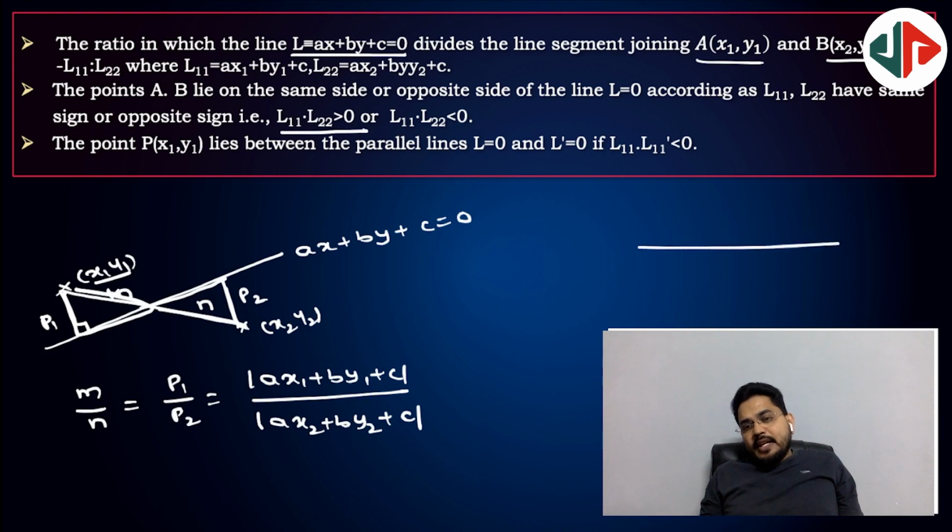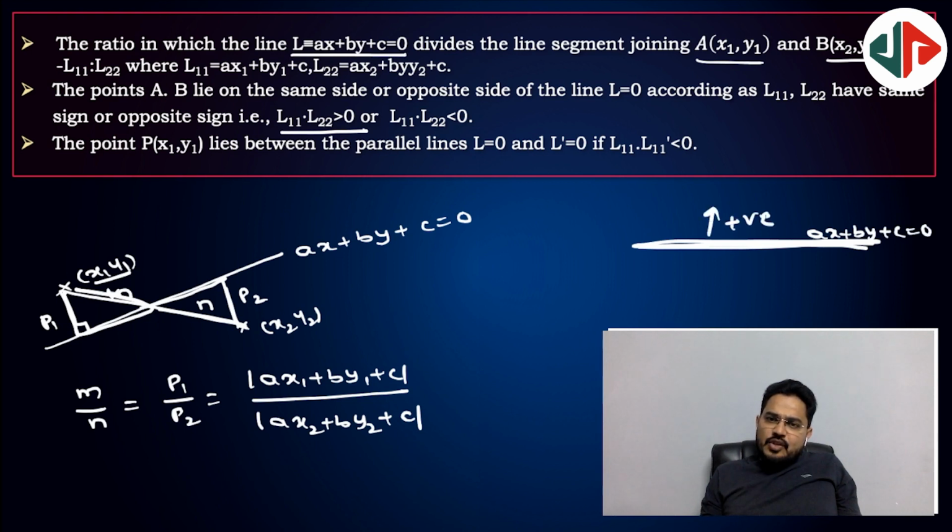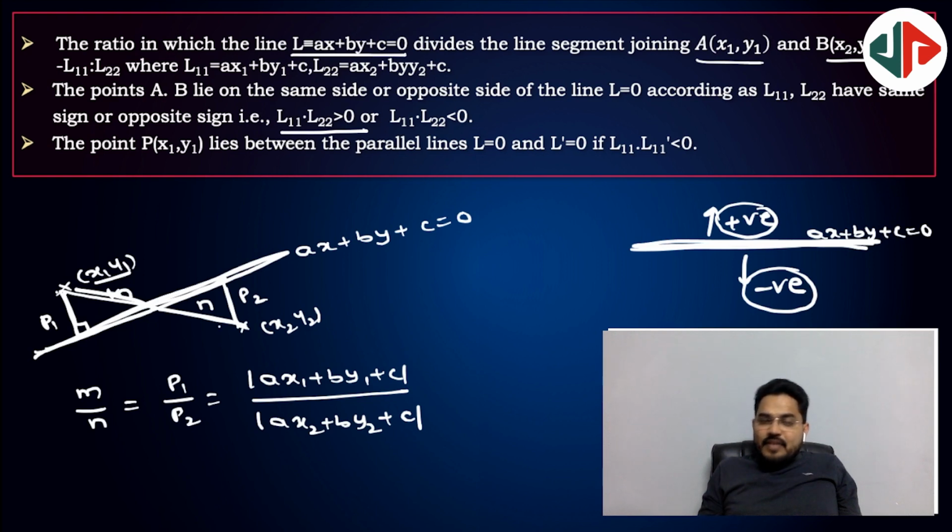What is that point? What this line ax + by + c = 0 is doing: if this is the positive direction, this will be the negative direction, or if this is the negative direction, then it will be the positive direction. The line is dividing the plane into two parts. So similarly, if these two points are lying either side, one of them should be negative.